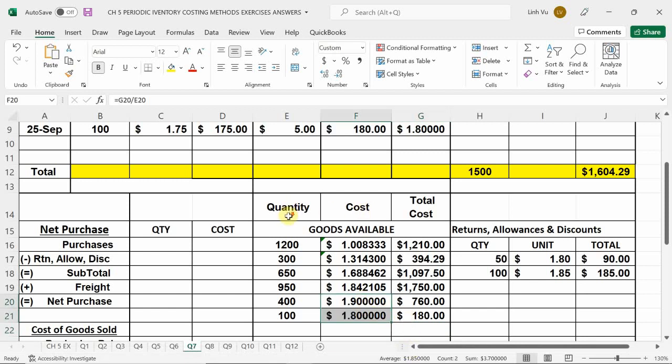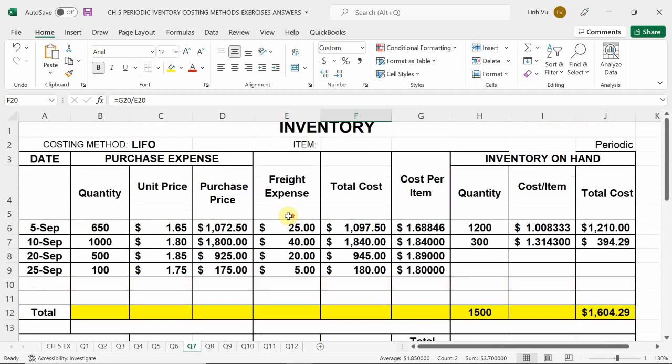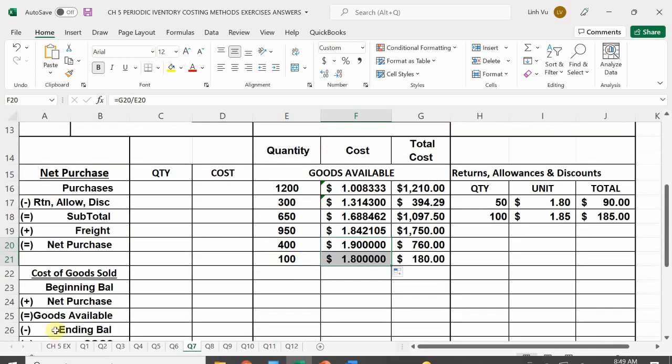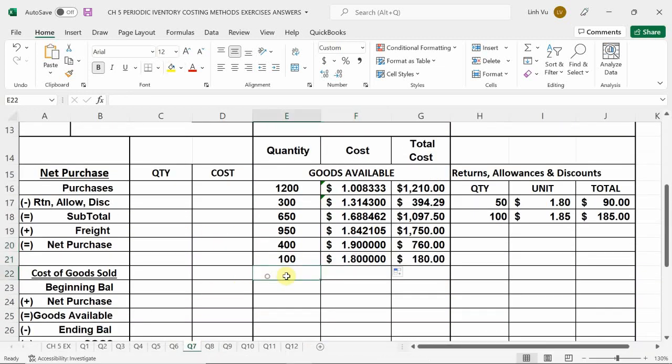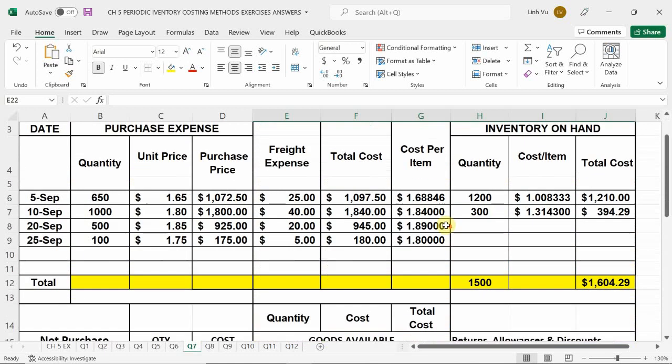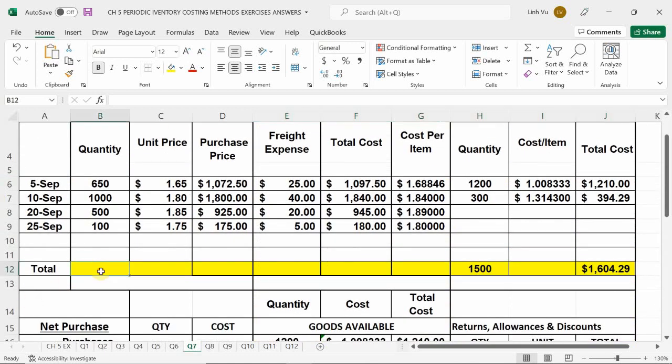Okay. So now let's go ahead and sum up our totals here. We need to sum up my purchases, my total goods available, and my total returns and allowances.